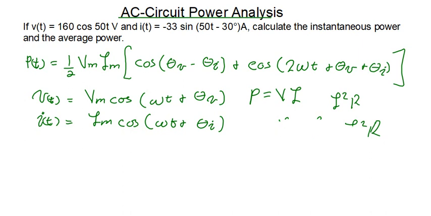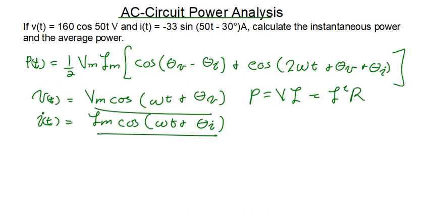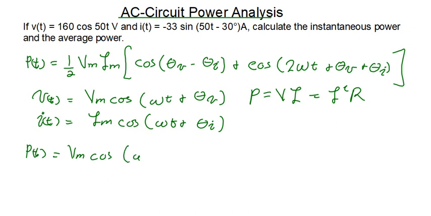Okay, so now here we'll simply be multiplying. Let me say this is equals to current squared times the resistor, so we'll be multiplying this part by that. So what it means now is that our power, let's say PT, will be equal to our V max cos omega t plus the phase angle of the voltage, multiplied by our I max cos omega t plus the phase angle of the current.